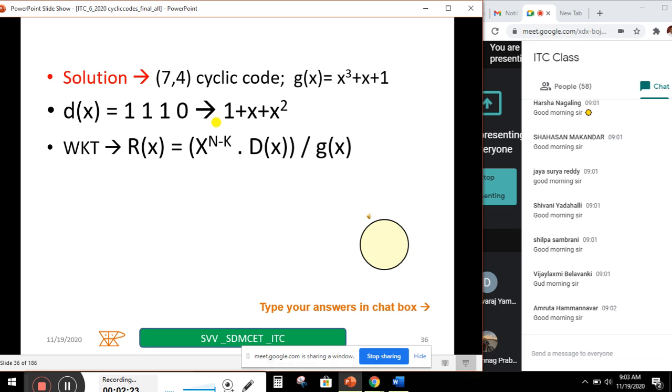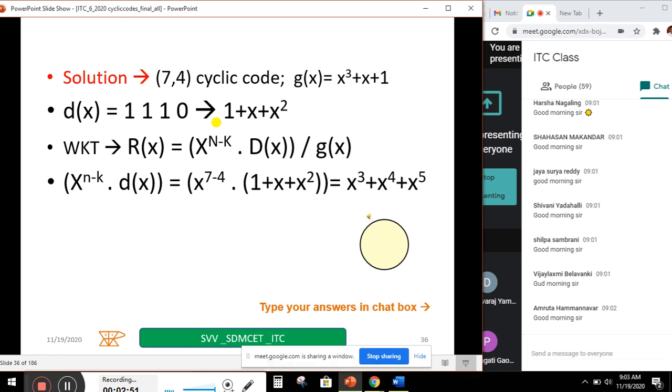We know that R of x equal to x raised to n minus k into d of x whole divided by g of x. I repeat, R of x equal to x raised to n minus k into d of x whole divided by g of x. Now fill the values. x raised to 7 minus 4 into 1 plus x square.